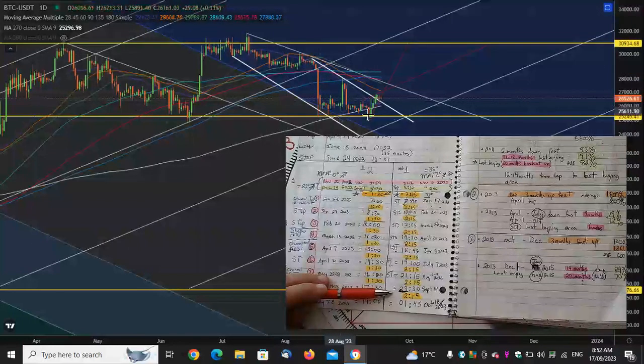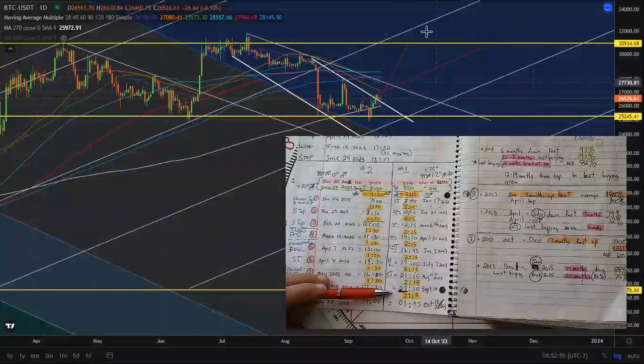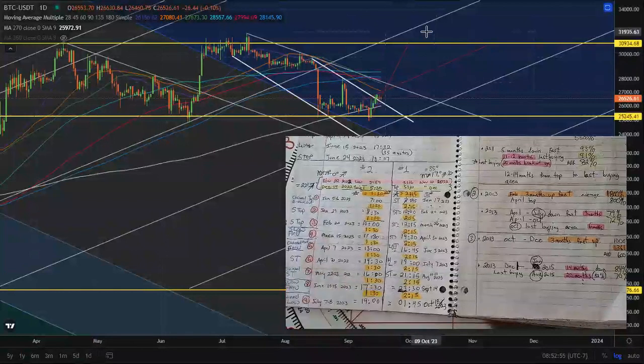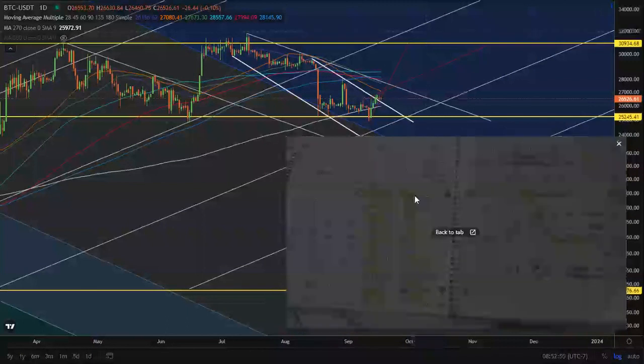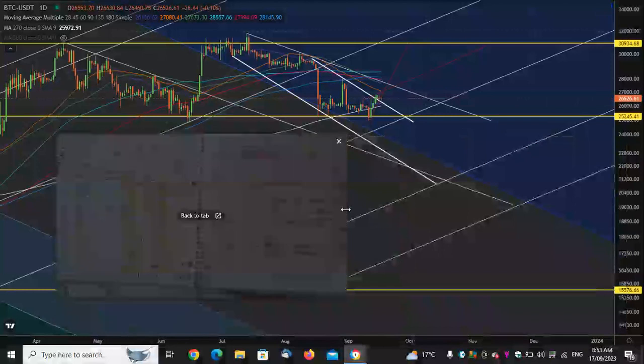The energy just subsides. So it's possible here that we're moving back to this area. If we were to break this, as we've been talking about, that would be very detrimental, and that would signal that we would be moving probably very, very much to the downside.